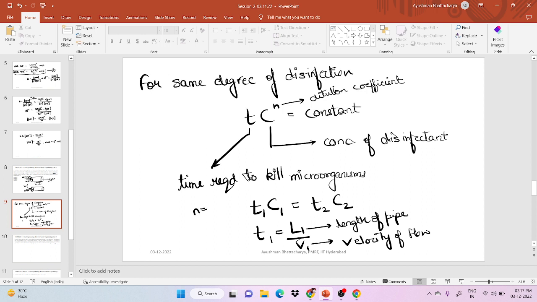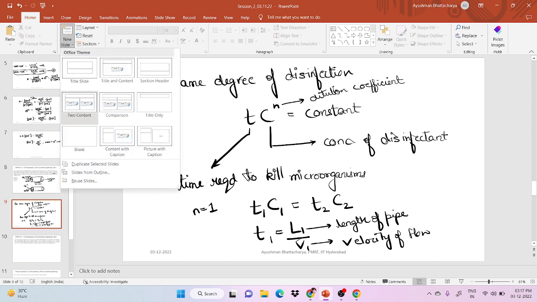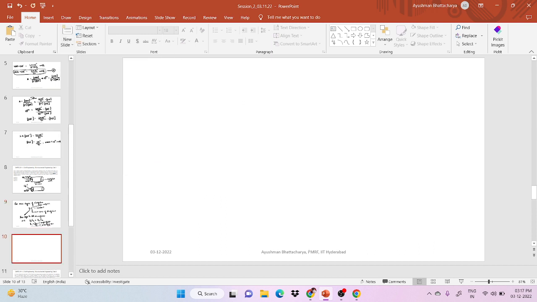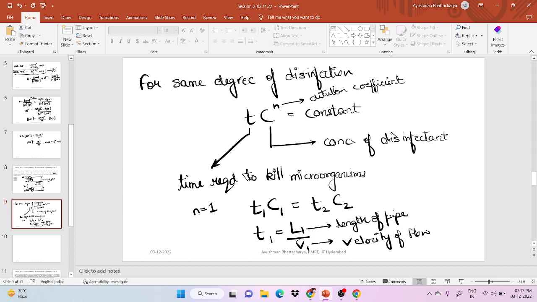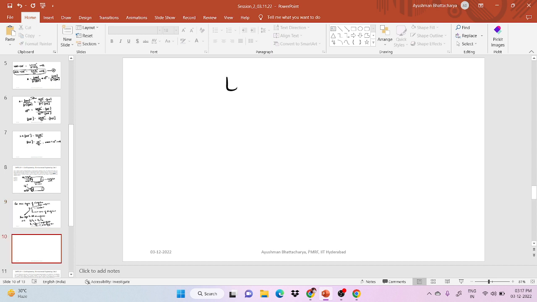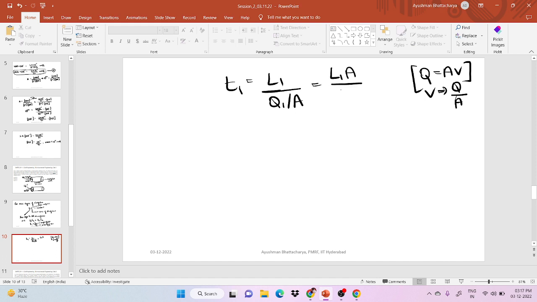Now we consider T1 equals L1 by V1. Since Q is equal to AV, we can write V is equal to Q by A. So we can write it as L1 A by Q1. So this is the time.